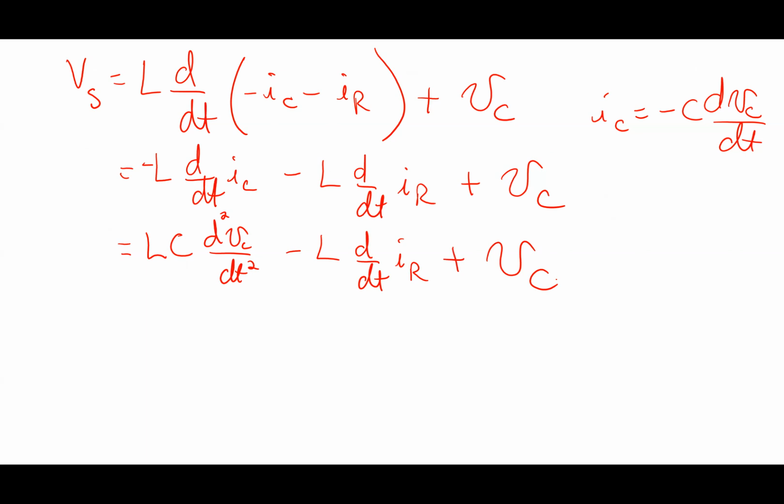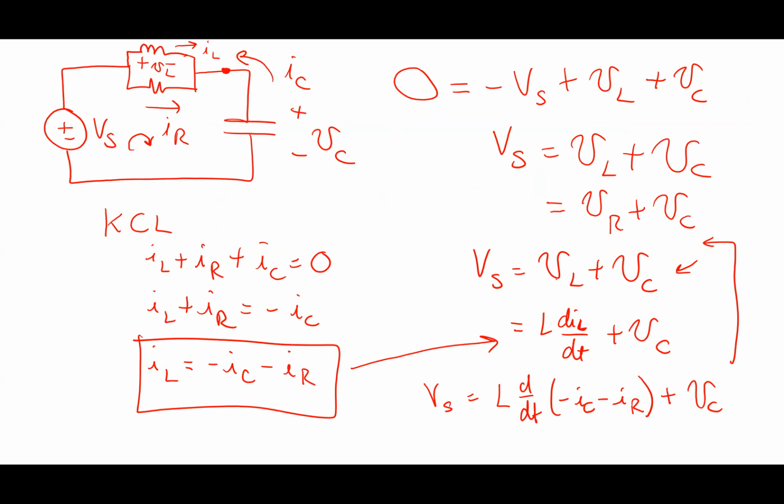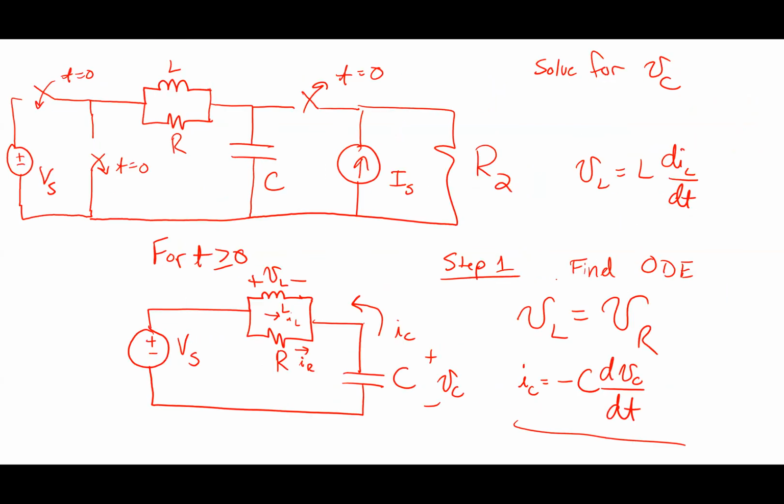So I sub R, what do I know about that? I'm trying to get to an equation for VC. What do I know about IR? Back to the original circuit. IR is equal to VL divided by R. And VL is what?